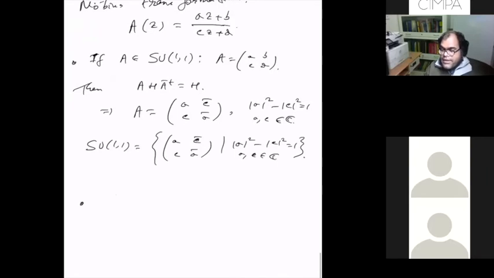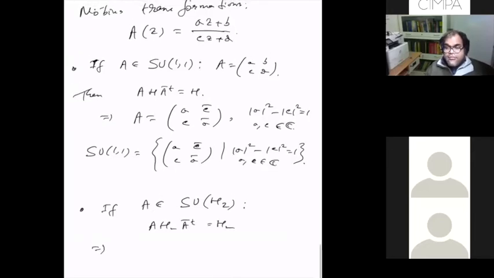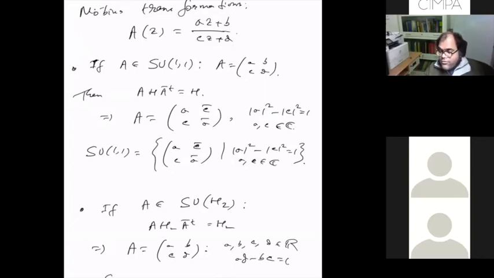Again, if A is in SU(H2), then you can compute this, and it implies that A is of the form (A, B, C, D), where A, B, C, D are in R and AD minus BC equals 1. I have used a problematic notation here, but H2 is the Hermitian form. So this is the group of matrices (A, B, C, D) with A, B, C, D in R and AD minus BC equal to 1.